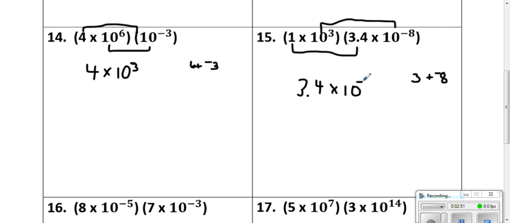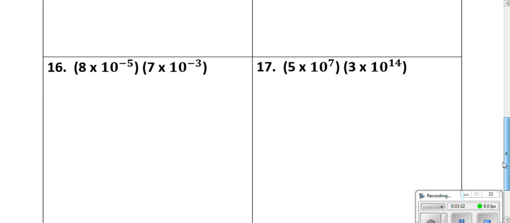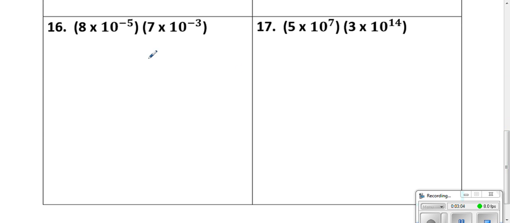All right, so 3 plus negative 8 is negative 5. And again, this is in proper scientific notation. Numbers between 1 and 10. 3.4 is between 1 and 10. And that's it.